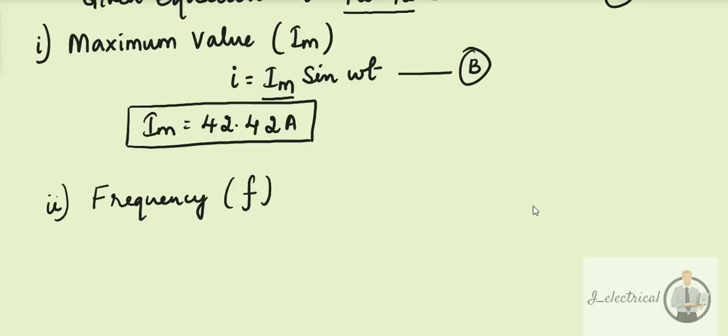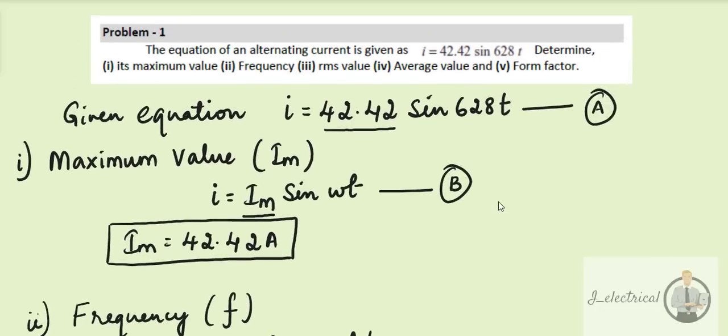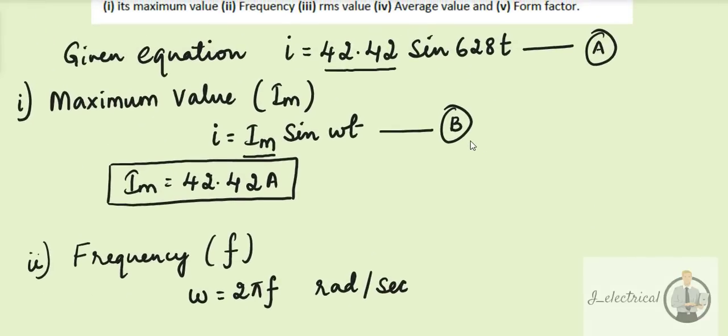Which is denoted by f. So we know that omega is equal to 2 pi f, which is given in radian per second. If I compare the standard equation Im sine omega t with the given equation 42.42 sine 628t, I can say that in place of omega I have 628.